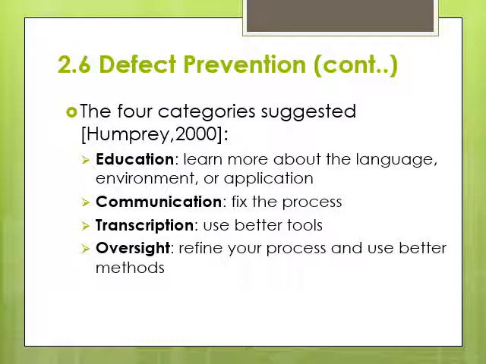For education, you need to learn more in terms of the language, the communication, the environment, as well as the application. Meanwhile, for communication, you need to fix the process. For transcription, use better tools, better software, and for oversight, refine your process and use a better method.